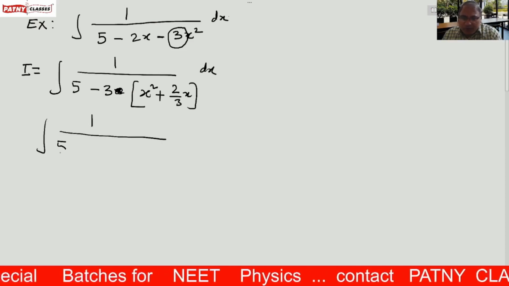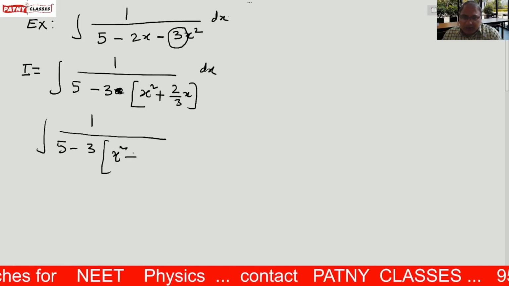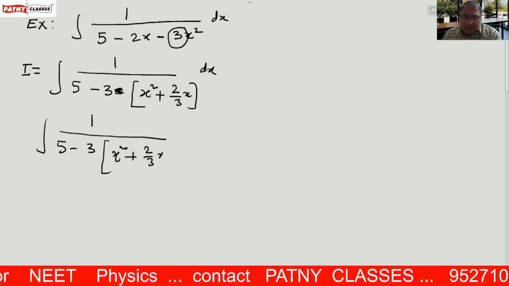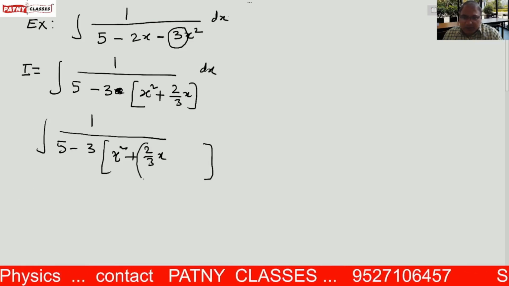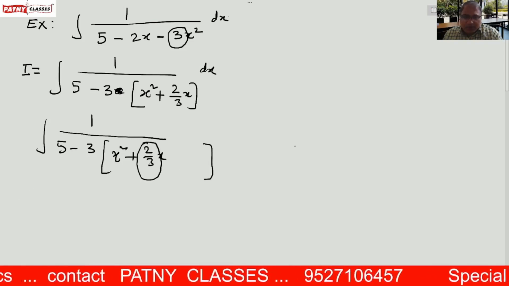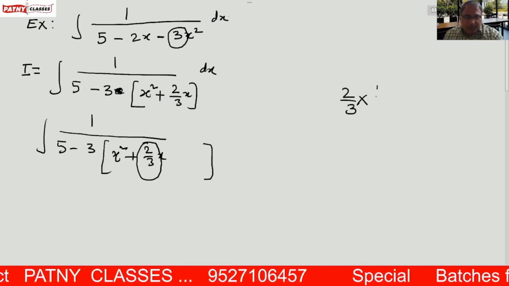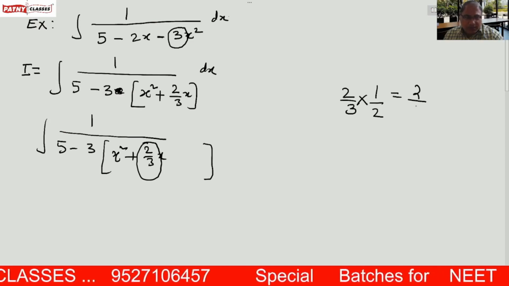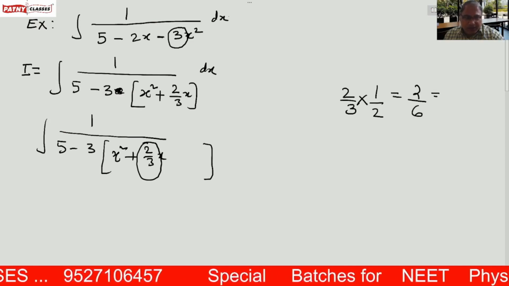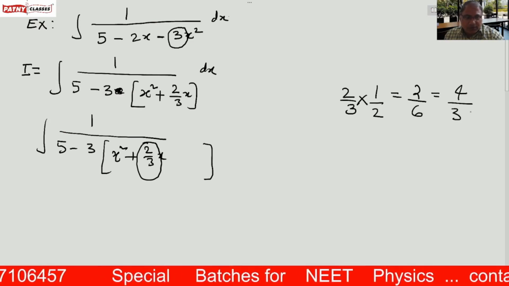Now 5 minus 3, here x square plus 2 by 3 x. How to create the perfect square? Idea is, here is a number, 2 by 3 is a number. So write 2 by 3, then multiply by 1 by 2, then say 2 by 6, square it. When you square it, it becomes 4 upon 36.